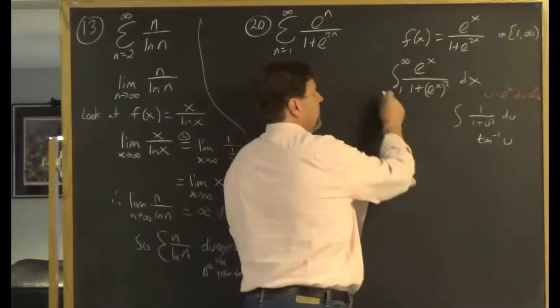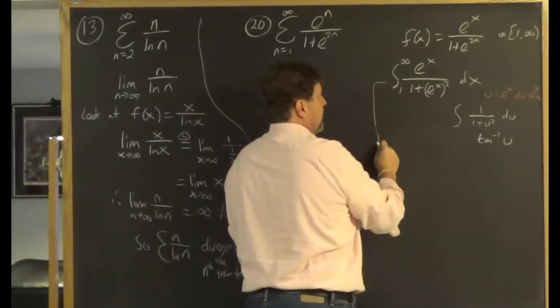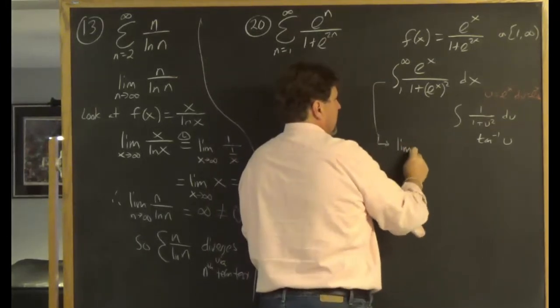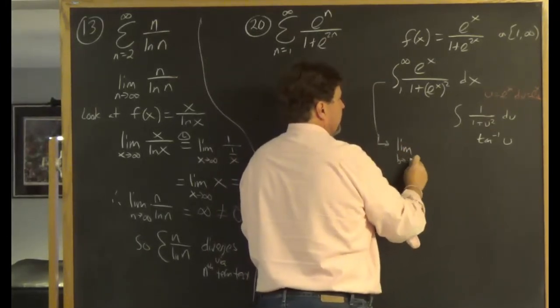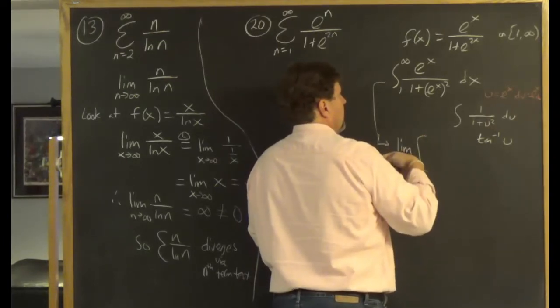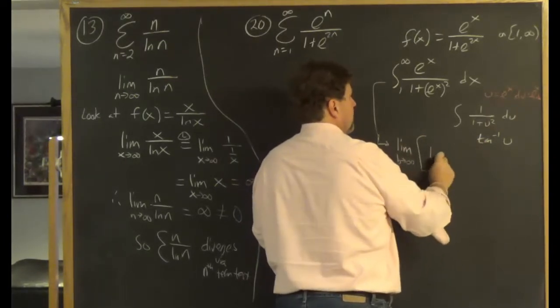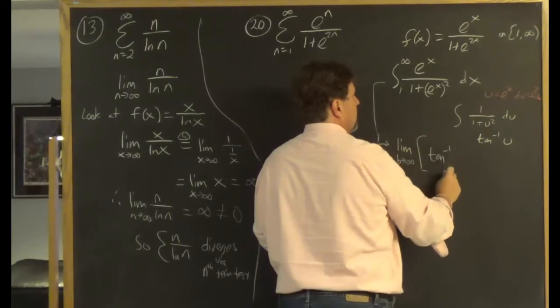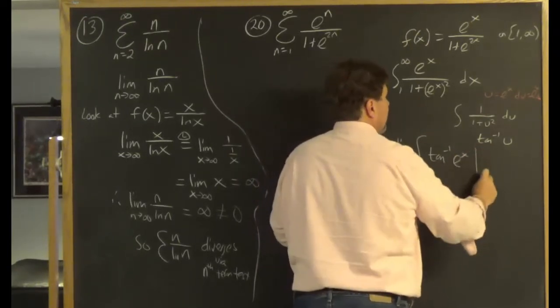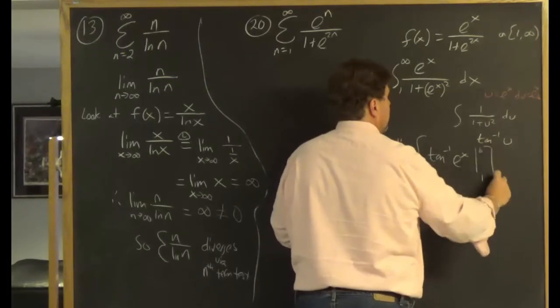So the antiderivative of this, very quickly, let me get my limit as b goes to infinity in here, is inverse tangent of e to the x. And we need to evaluate that from 1 to b.